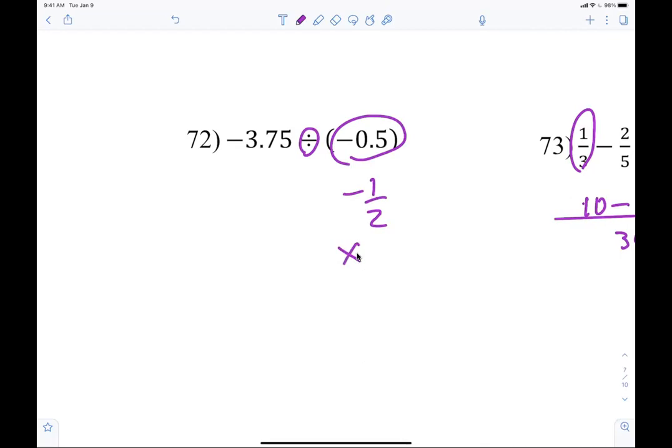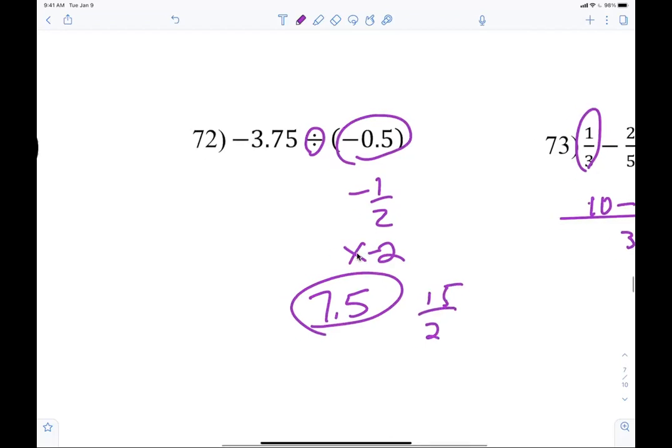Yes, multiplying by -2. Does that make better sense, right? I don't like division, so I try to avoid it. So I learned to convert. All right. So now it was just 3.75 times 2, which is 7.5. And if you wanted to make that 15/2, I'm totally fine with that also.